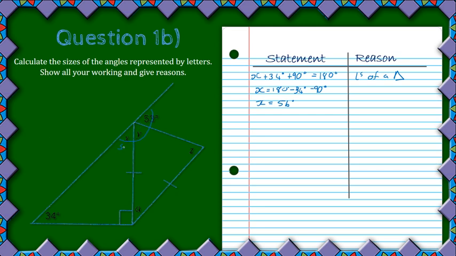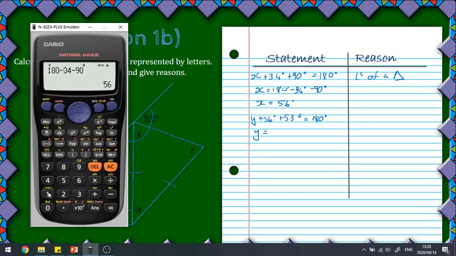We've just seen that x is equal to 56 degrees. So to find y, I'm just going to add up all these angles and equate them to 180. So this is y plus 56 degrees plus 53 degrees is equal to 180 degrees. So y will then be equal to 180 minus these two angles, which is 180 minus 56 minus 53, equal to 71 degrees.